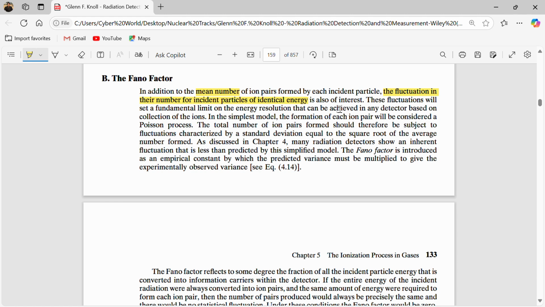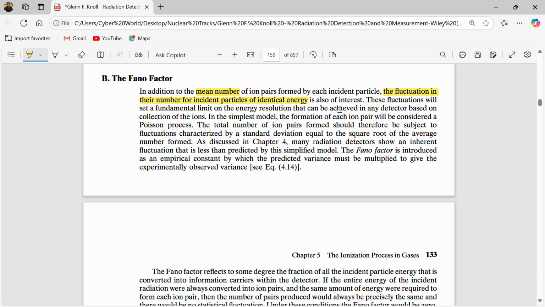These fluctuations will set a fundamental limit on the energy resolution that can be achieved in any detector based on the collection of the ions. Okay, so this fluctuation sets a fundamental limit on the energy resolution of the incident particle.